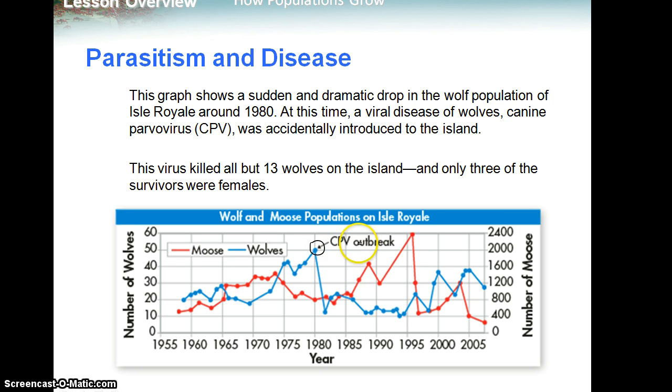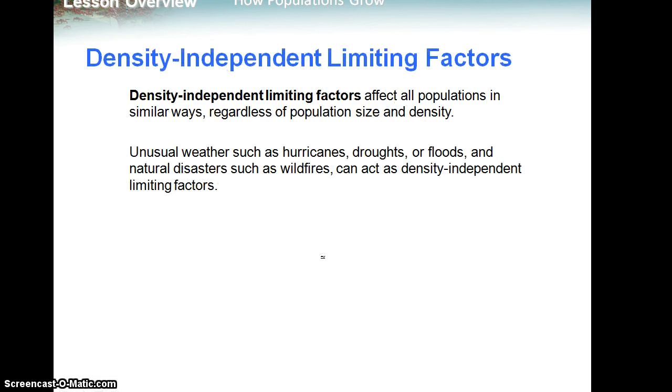CPV is a virus that was accidentally introduced to the island and killed all but 13 wolves. And so their populations decreased drastically in a short amount of time. So disease is going to be one of those density dependent limiting factors within a population.